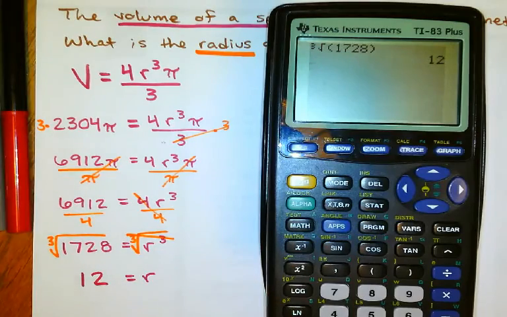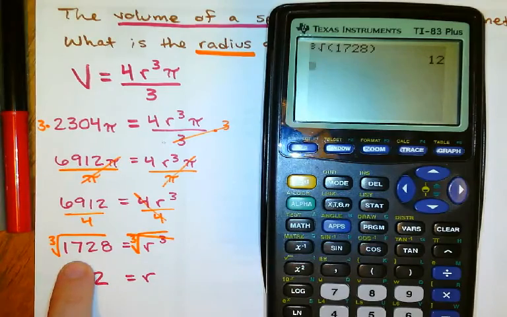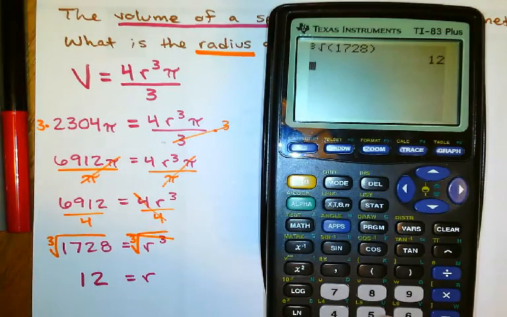Alright, if you don't have a graphing calculator, you can guess and check by thinking, okay, this is a pretty big number, right? So let's say I want to check, I'll start with a number like 7. If I did 7 to the 3rd power, I would only get 343. So I've still got a lot of ground to cover.